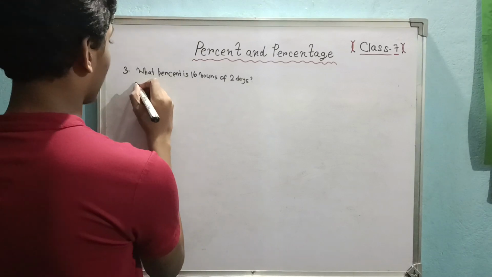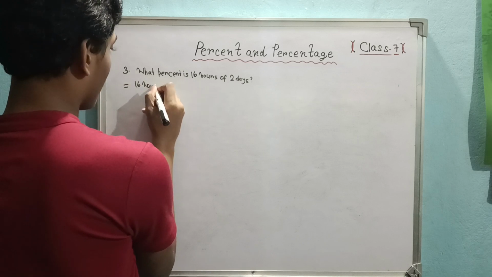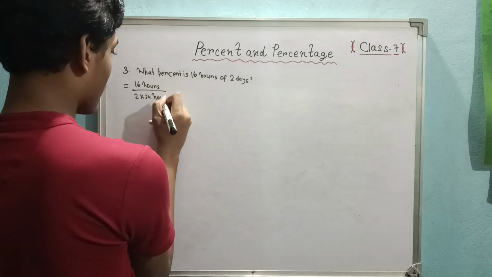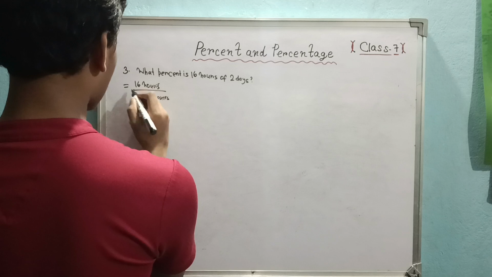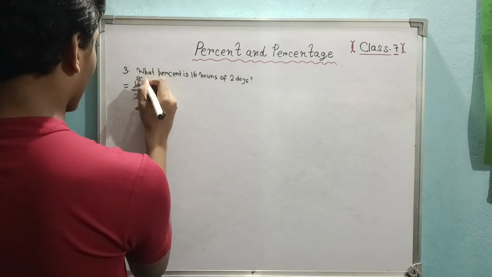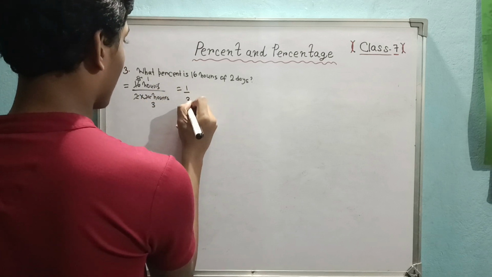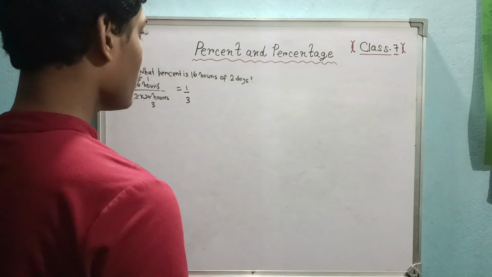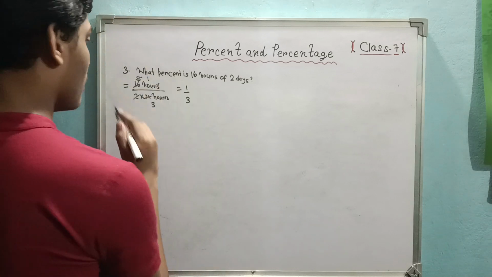So 16 hours out of 2 days means 16 hours divided by 2 into 24 hours. One day has 24 hours, you all know that. So hours will get cancelled out. 2 here 8, 1 and here 3. It's equal to 1 by 3. So actually the question turns out to be what percent is 1 by 3. Yes, 16 hours out of 2 days we converted to the fraction 1 by 3.